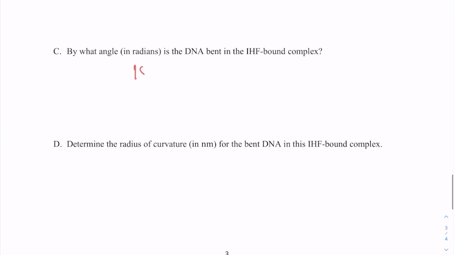So 180 degrees. 360 degrees is 2 pi radians, right? So it should be just pi radians.